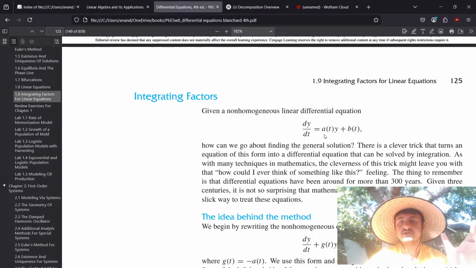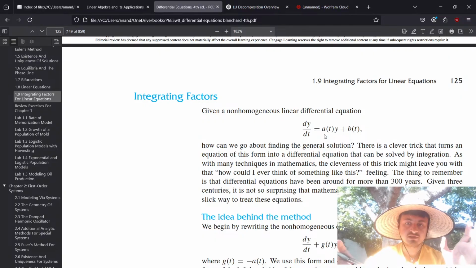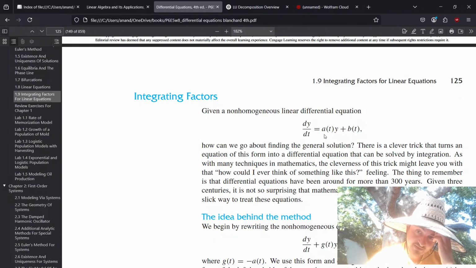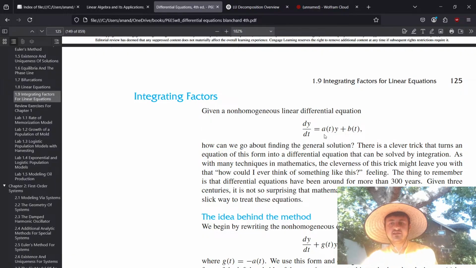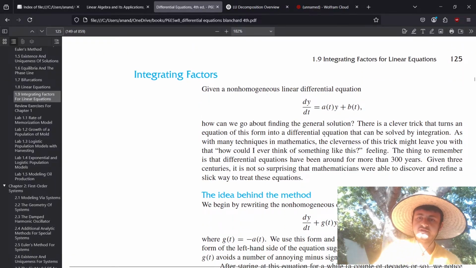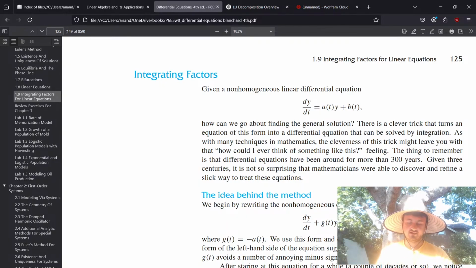We can also show that for any two solutions to the homogeneous equation, their sum is also a solution. So it truly is like a linear subspace, I mean, it is a vector space.